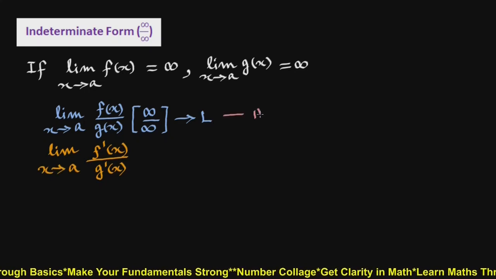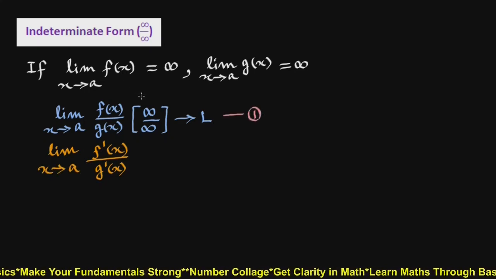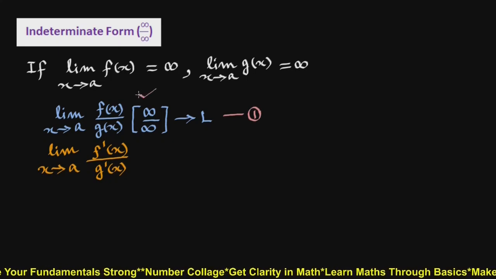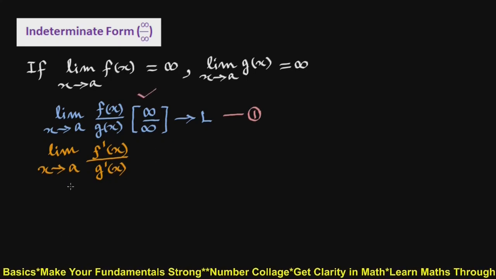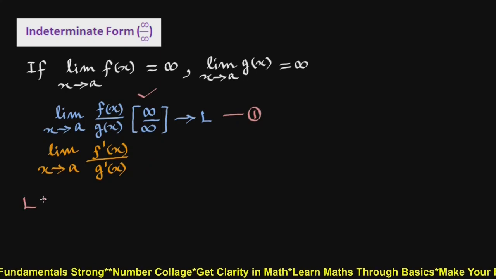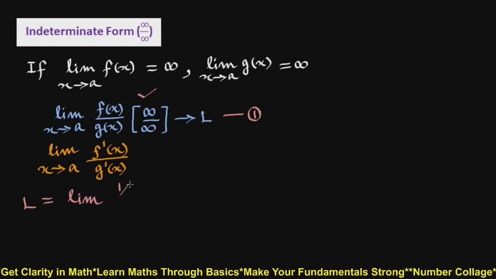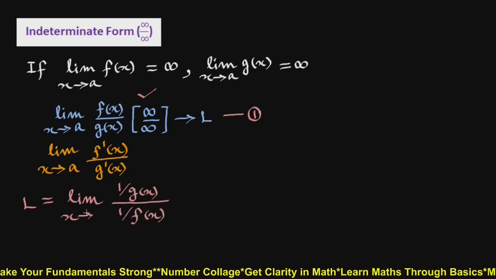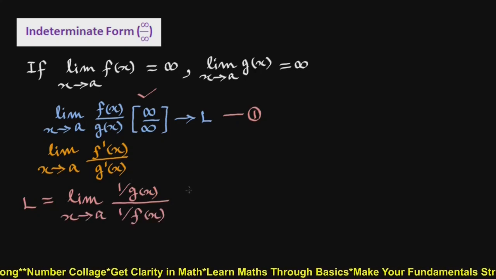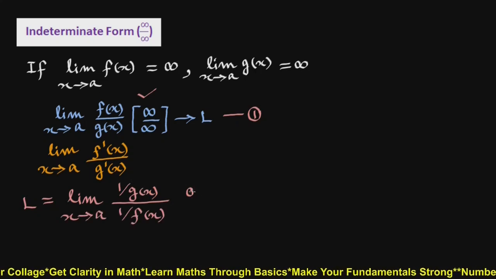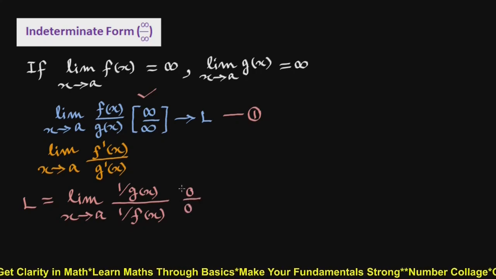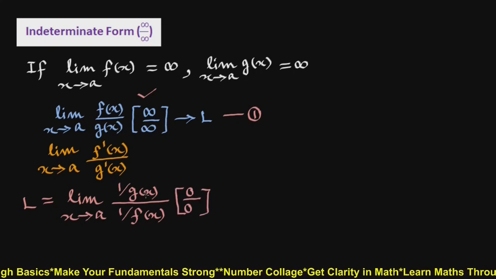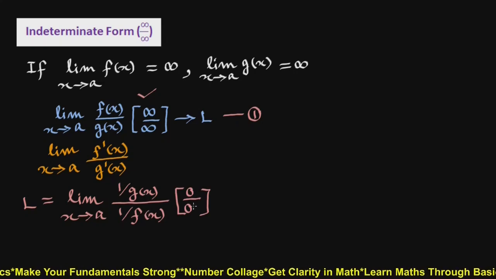Since limit 1 is an indeterminate form infinity upon infinity, we will write it as L equals limit 1 upon g(x) upon 1 upon f(x) as x tends to a, so it gets transformed into indeterminate form 0 upon 0, because 1 upon infinity is 0.